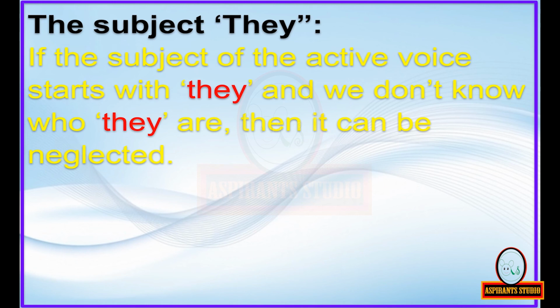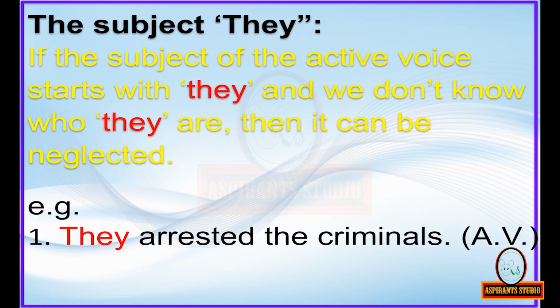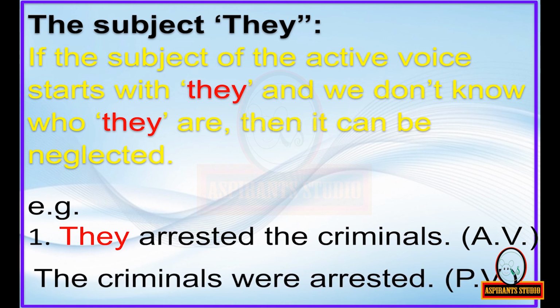The subject they. If the subject of the active voice starts with they and we don't know who they are, then it can be neglected. They arrested the criminals. Active voice. The criminals were arrested. Passive voice.